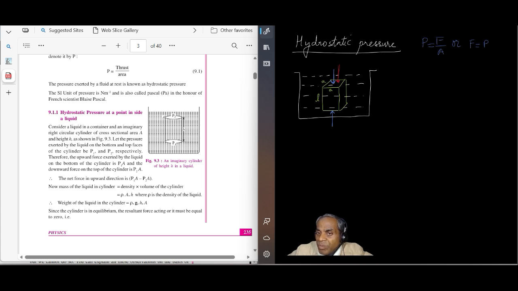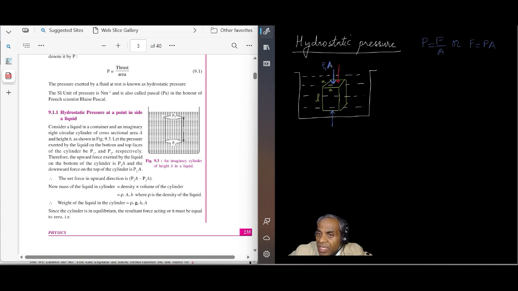We can simply say it is pressure into area. So that understanding tells us that this particular force exerted by the liquid on the top surface, let us say it is P1 into A. P1 is the pressure at any point on the top surface, and A is the area.